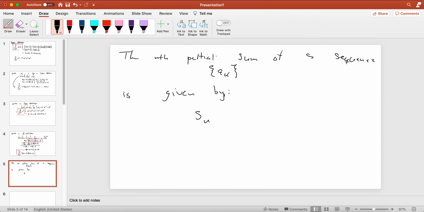S sub n is just the sum from i equals 1 to n of a sub i. That's not something you have to memorize, but what this is saying is that the nth partial sum is you add up a1 plus a2 plus a3 plus a4 up to a sub n, and that's the nth partial sum.